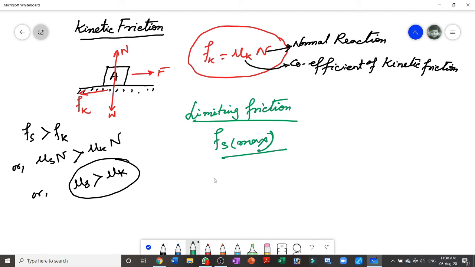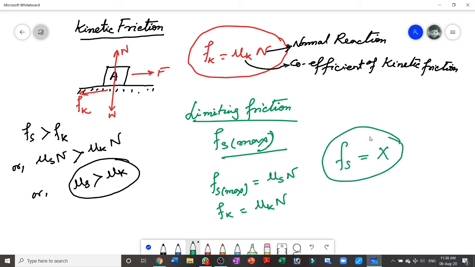So we get Fs max equals mu s N and Fk equals mu k N. Remember, Fs has no formula.